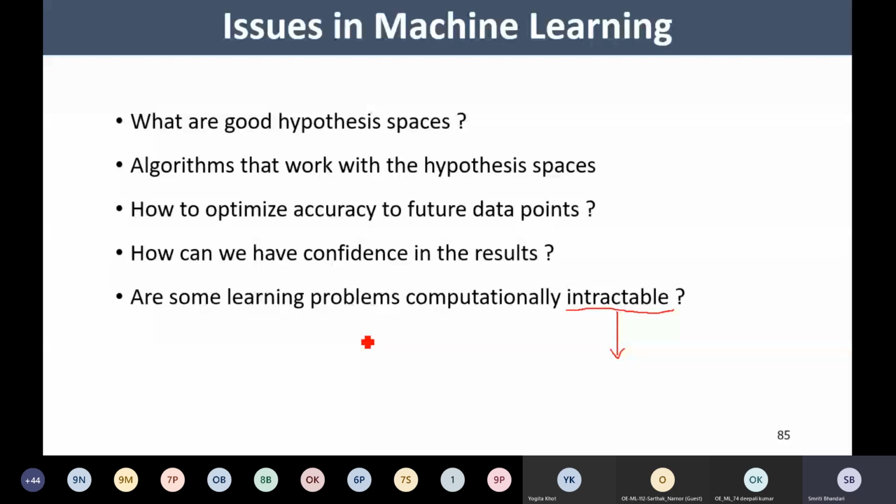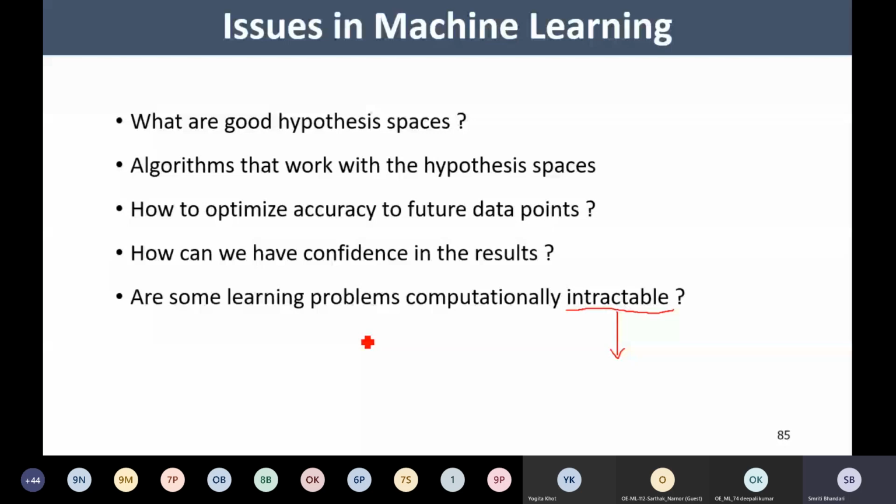So, once again I am repeating, we need to think of the hypothesis spaces, we need to think of the algorithms that work well with the hypothesis space. We need to think of the accuracy with respect to future data points. So how well it is possible to generalize our hypothesis. We need to think upon that.